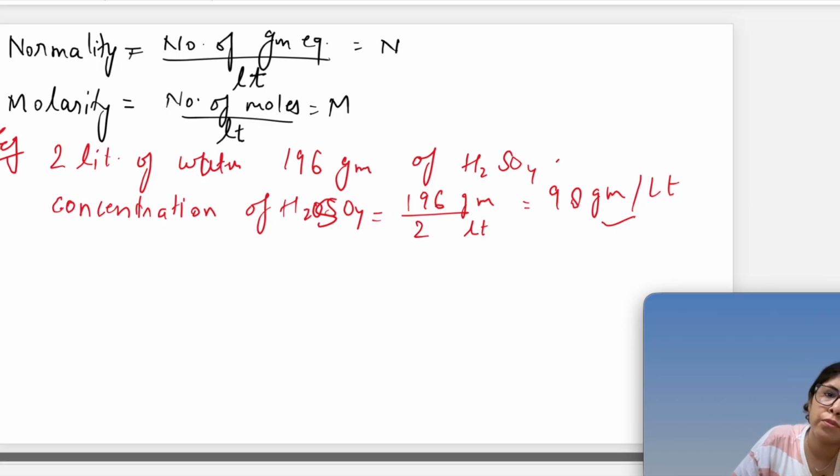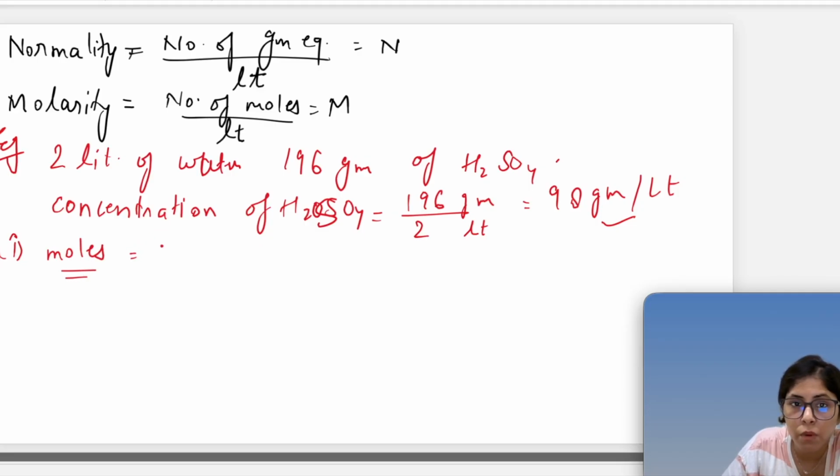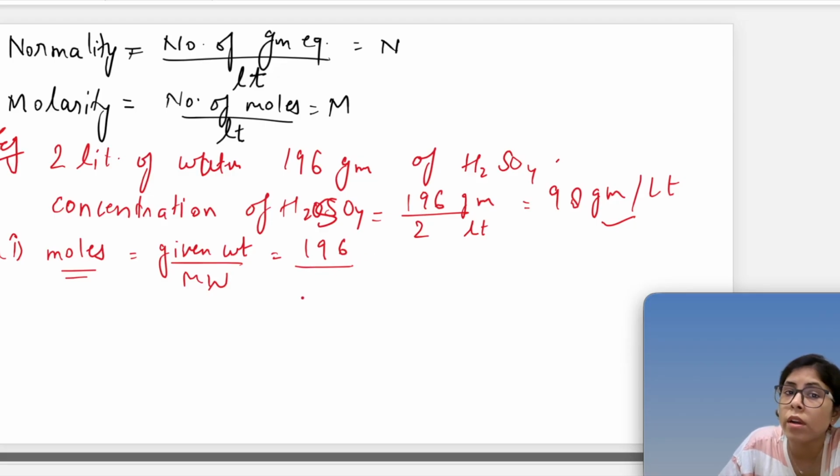With this, the first thing that I want to calculate is moles. What is a mole? Moles is given weight upon molecular weight. The given weight is 196. The molecular weight for H2SO4, which I just calculated, was 98.